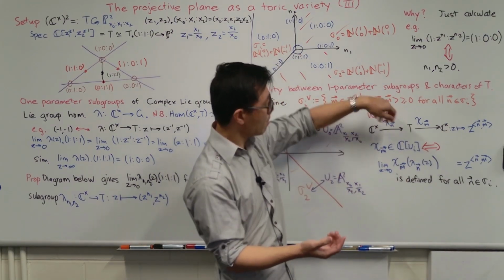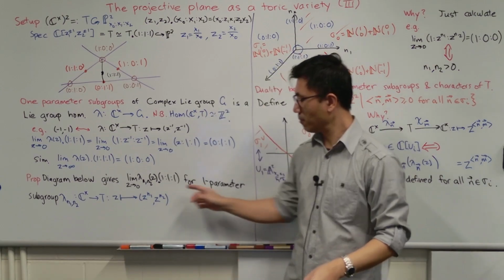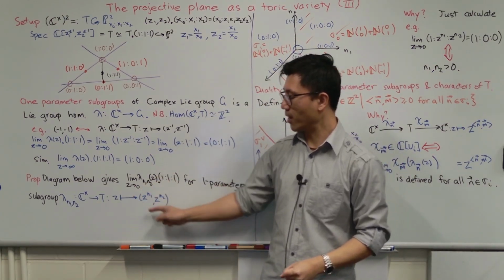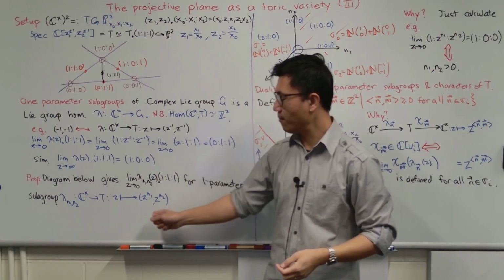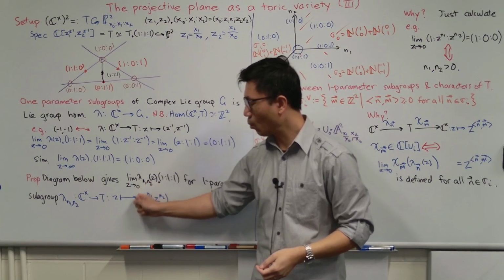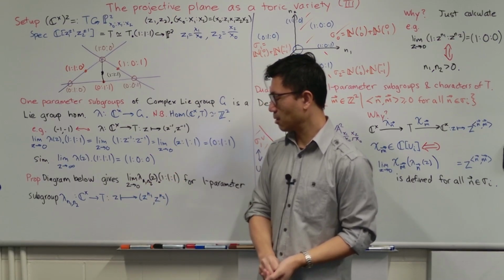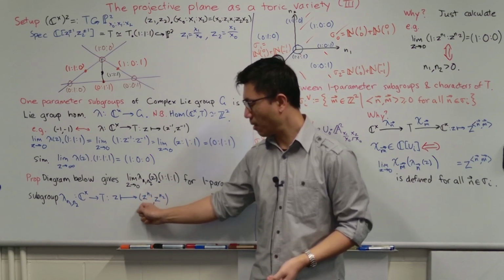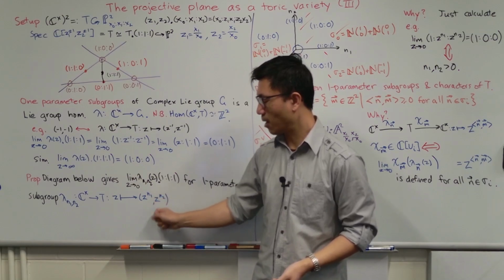So basically you pair them. And what's the pairing? Let's take this lambda n vector and apply chi of this m vector. If m1, m2 give you the m vector, then you take the m1th power of this and multiply by the m2th power of this. So you'll get n1 m1 as the power of z coming from here, multiplied by n2 m2 as the power of z coming from here.